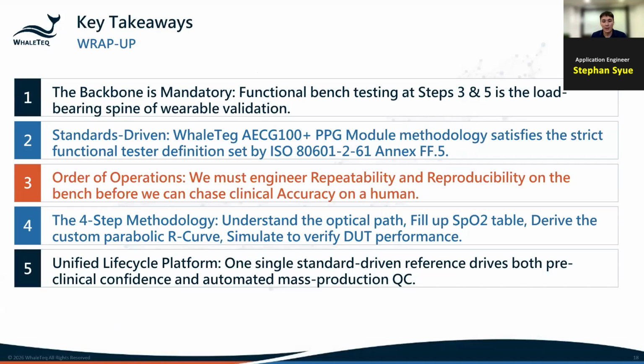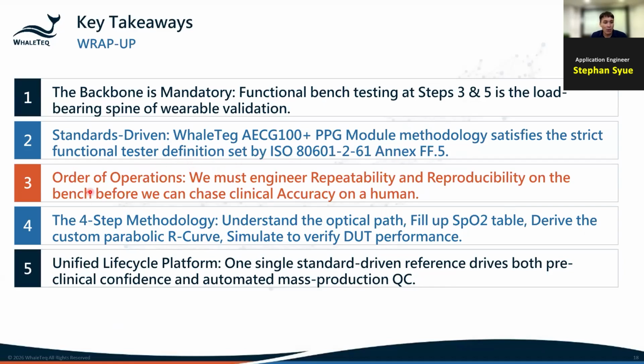And then we can land the aircraft on the takeaways. So first, the backbone is mandatory. The functional bench test at step 3 and 5 is the load-bearing spine of the verbal validation. Step 3 and step 5 will satisfy the three functional tester definitions in the standard. So our solution is standard-driven.